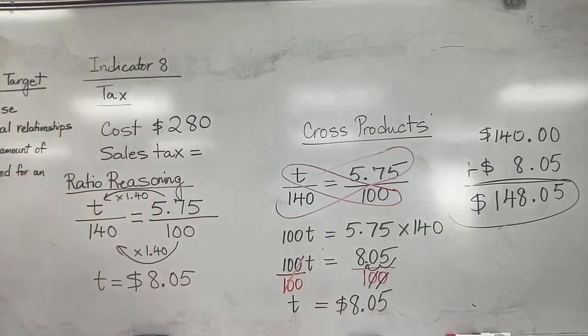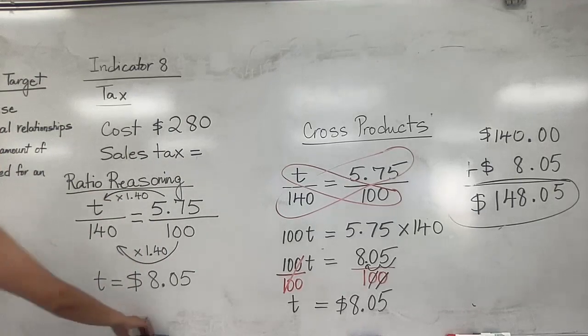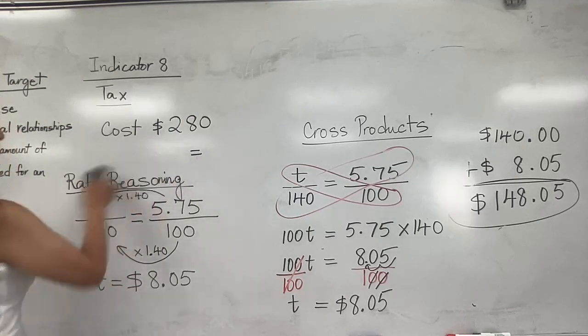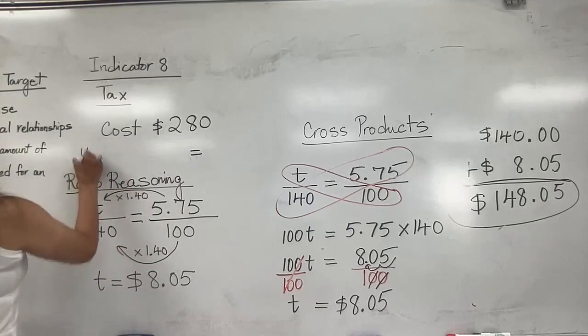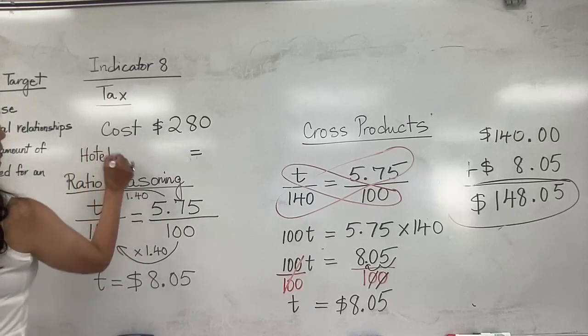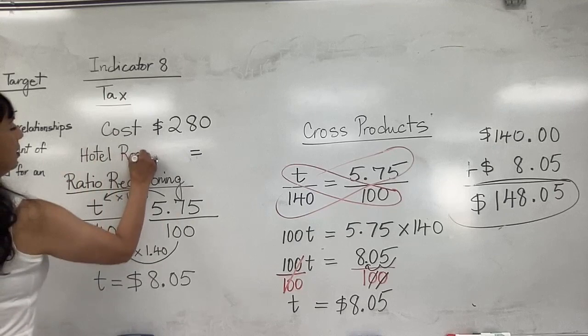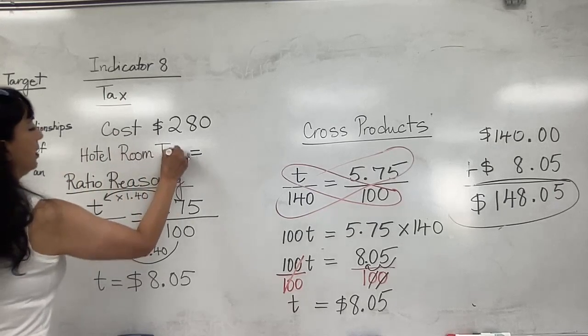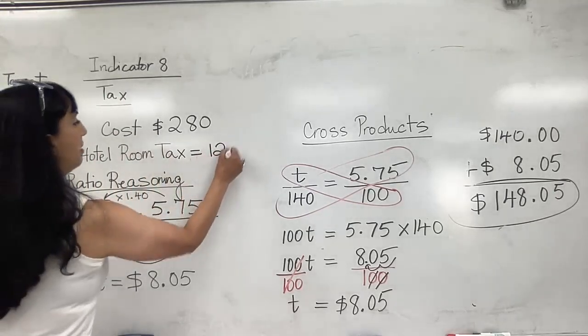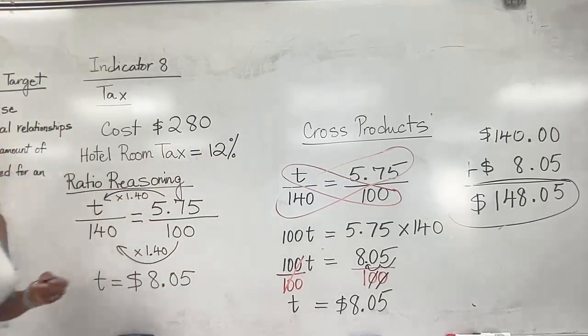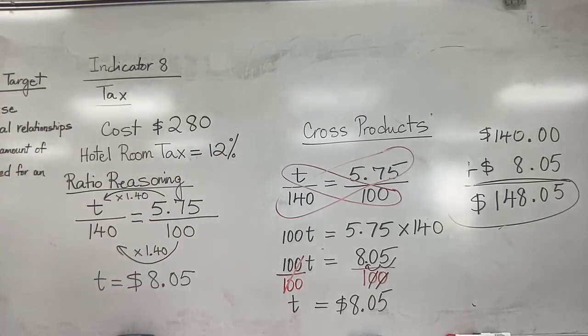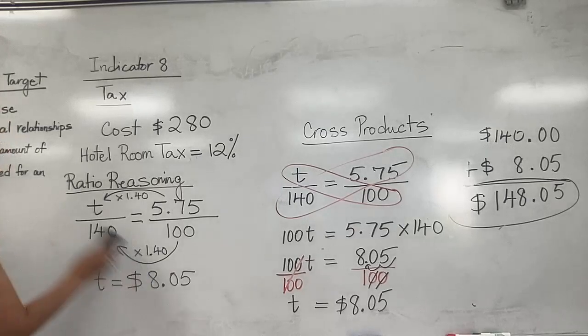All right. And there's also a 12% hotel room tax. And these taxes are pretty high most of the time. Okay, so there's a 12% hotel room tax. What is the total cost of the hotel room?